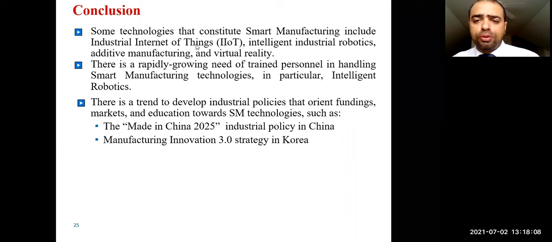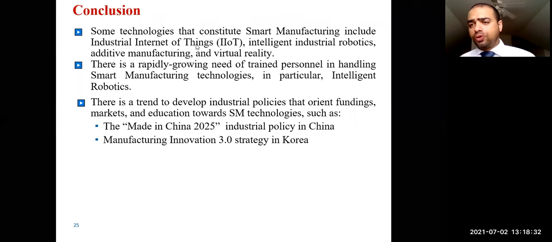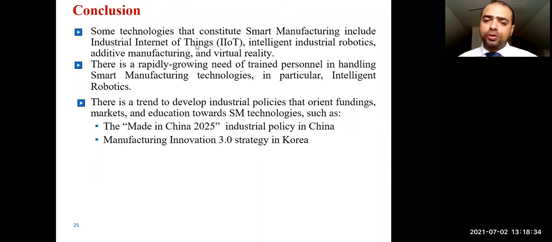There's a rapidly growing need of trained personnel in handling smart manufacturing technologies, in particular intelligent industrial robotics. There's a trend to develop industrial policy that orients funding, markets, and education towards smart manufacturing technologies, such as Industry 4.0 in Germany, Made in China 2025, Manufacturing Innovation 3.0 in Korea, and Society 5.0 in Japan.